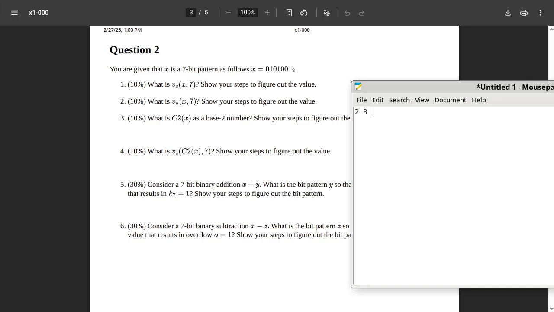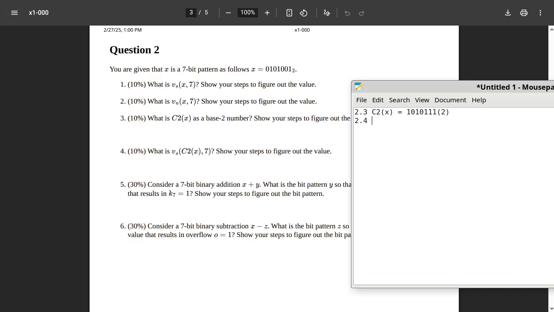Part 3 is the C2 of x is 1010111 in base 2. Let me just double check. Yep. Okay, so is that okay for part 3 of question number 2?